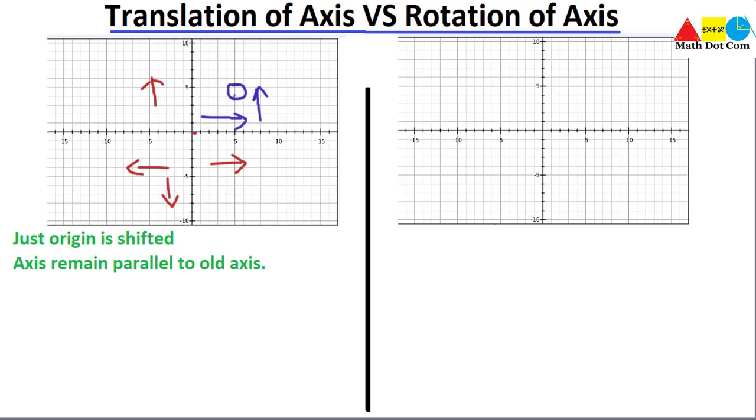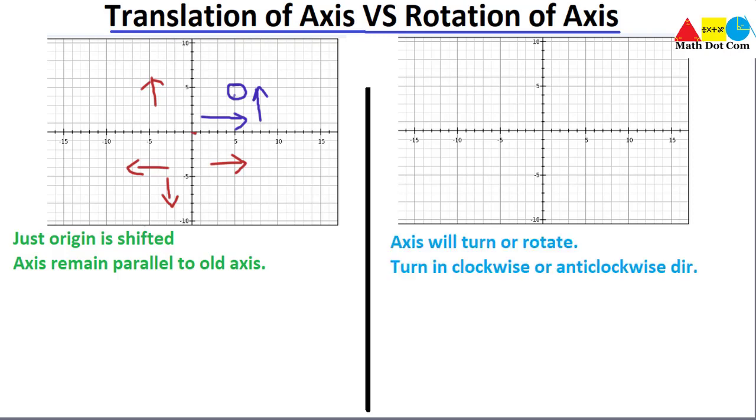Now let's see the definition of the rotation of axis, what it is. In case of rotation of axis, the axes will turn or rotate in the clockwise or anti-clockwise direction. Now let's apply this statement on the graph, to see what it means for the axes to turn or rotate in the clockwise or anti-clockwise direction.